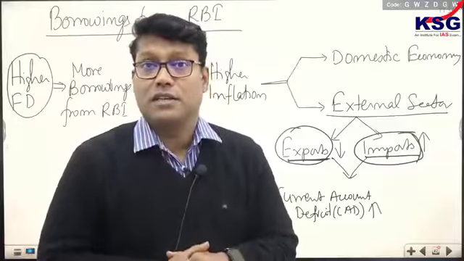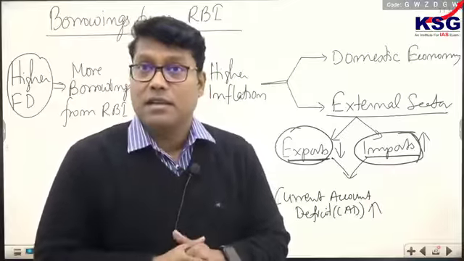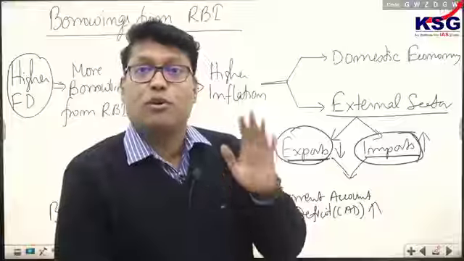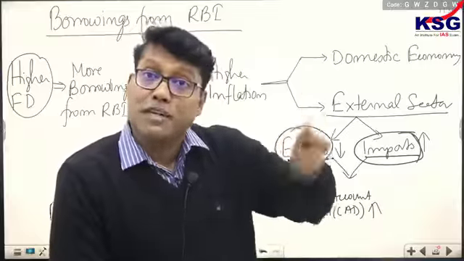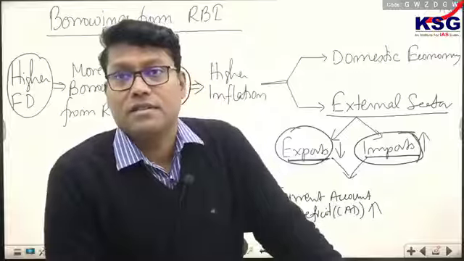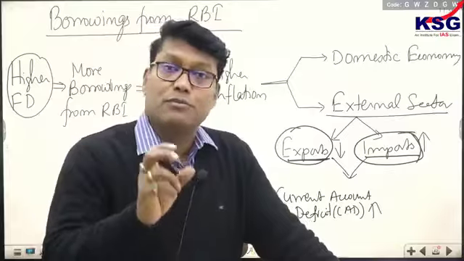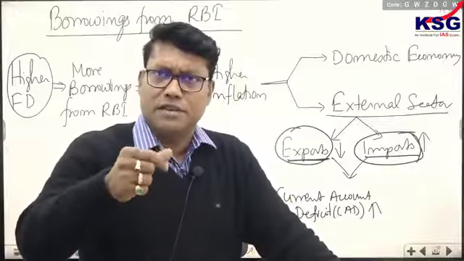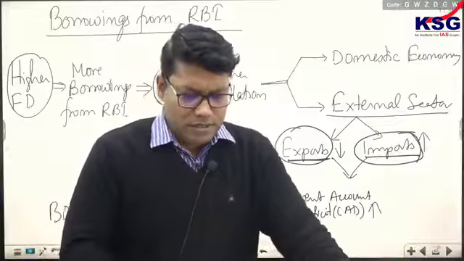For the long term, in normal conditions, the government cannot borrow from the RBI, and the RBI cannot print new currency for funding the government deficit. Funding the deficit, that is for the long term. But for short-term management, managing your liquidity for the deficit, that is allowed. In the short term, you can just borrow it.